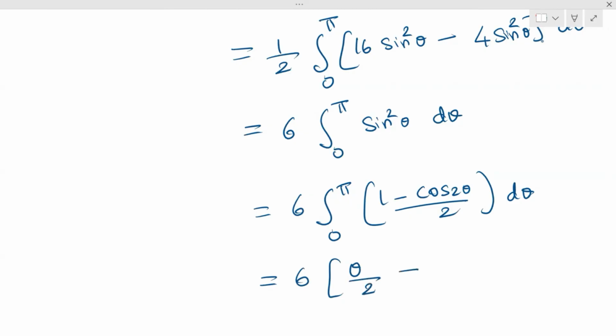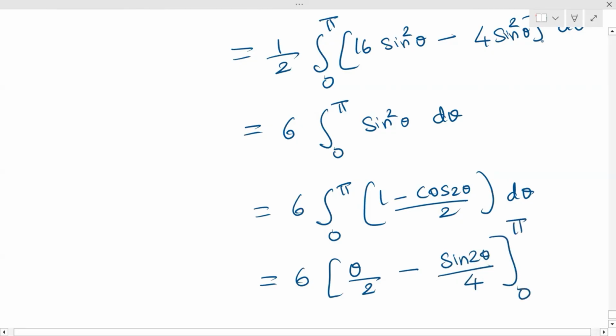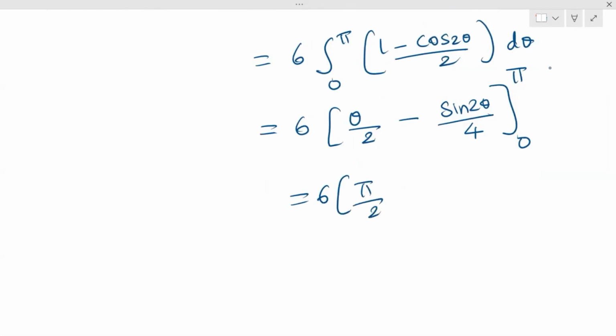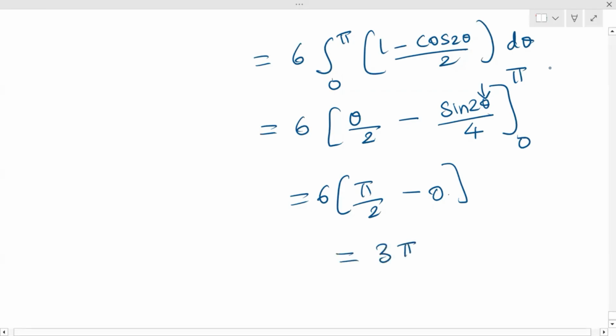The next term is cos 2 theta, integration sin 2 theta by 2, but already 2 is there, so it is 4. Apply the upper limit: 6 into pi by 2 minus, when we substitute theta equal to pi, it is 0. When you apply the lower limit, both the terms are 0. So the answer is 3 pi.